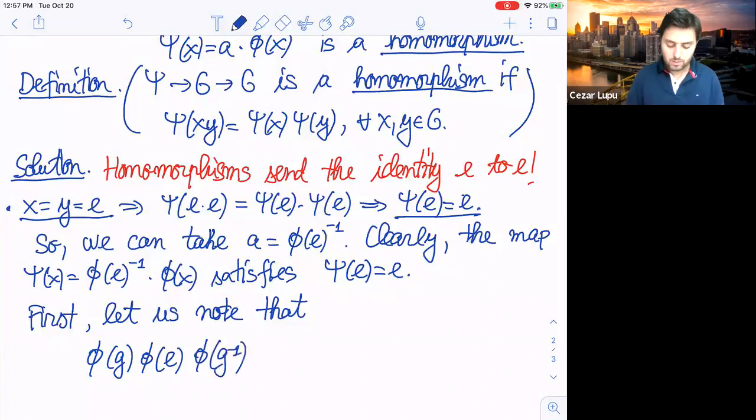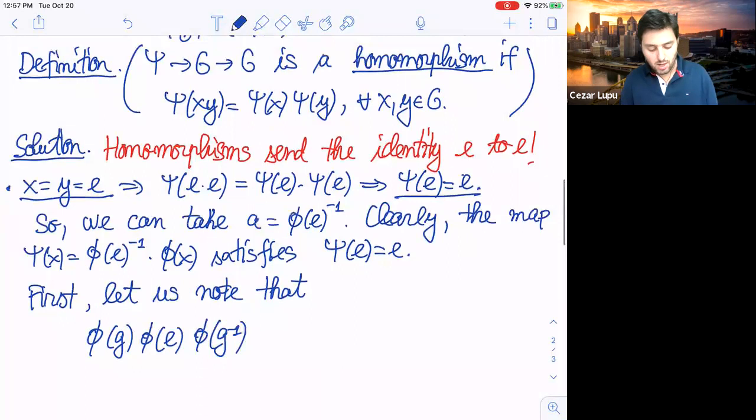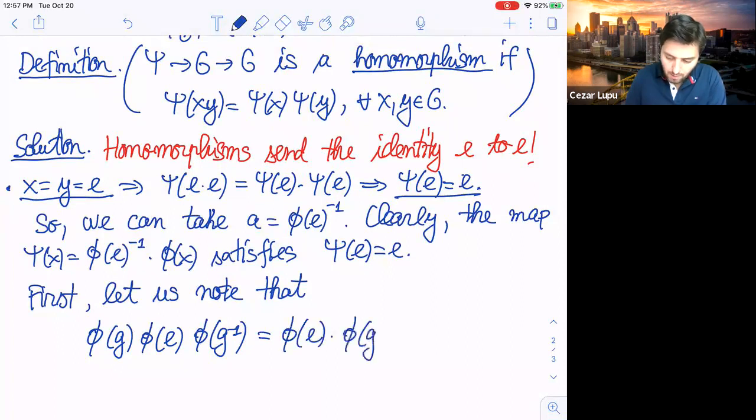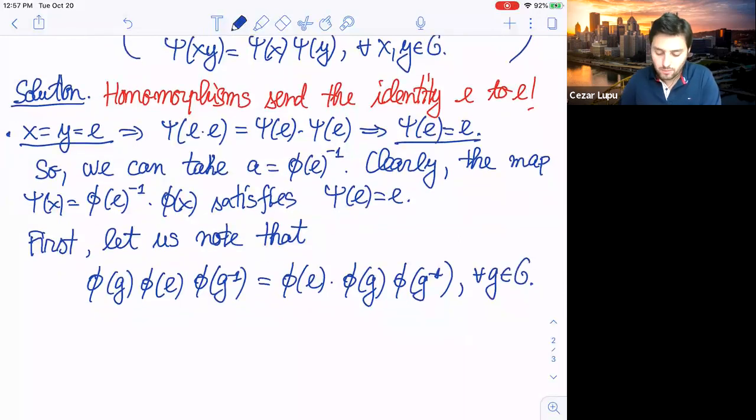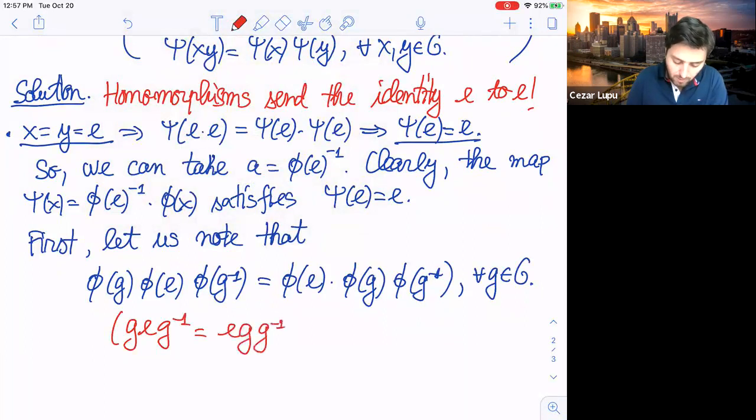So I know it's a group, and I know that G dot E dot G inverse will be the E. This is nothing else than just phi of E times phi of G times phi of G inverse for all G in G. All right, so we have this, right? Let me just say here that G, E, G inverse is the same as E, G, G inverse, and it's E.